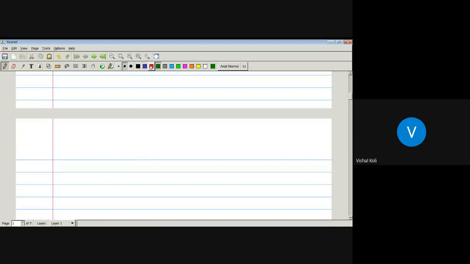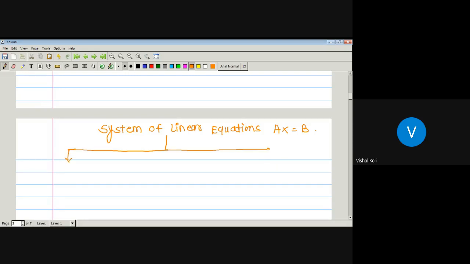A system of linear equations, that is Ax equal to b, has two types: homogeneous and non-homogeneous.